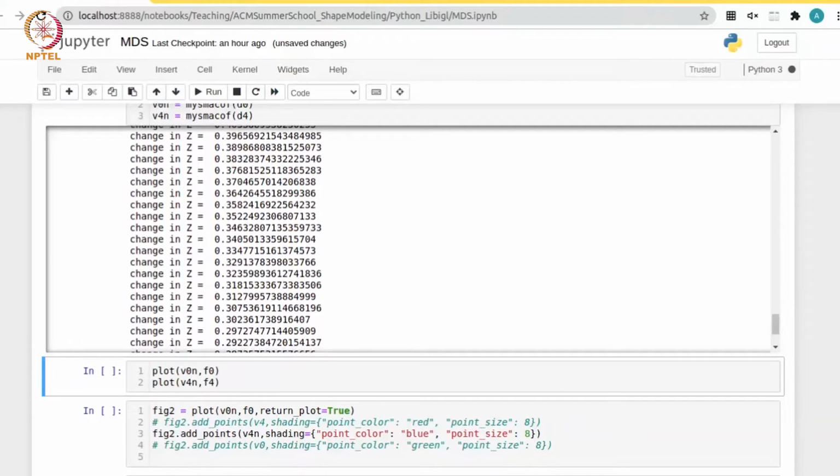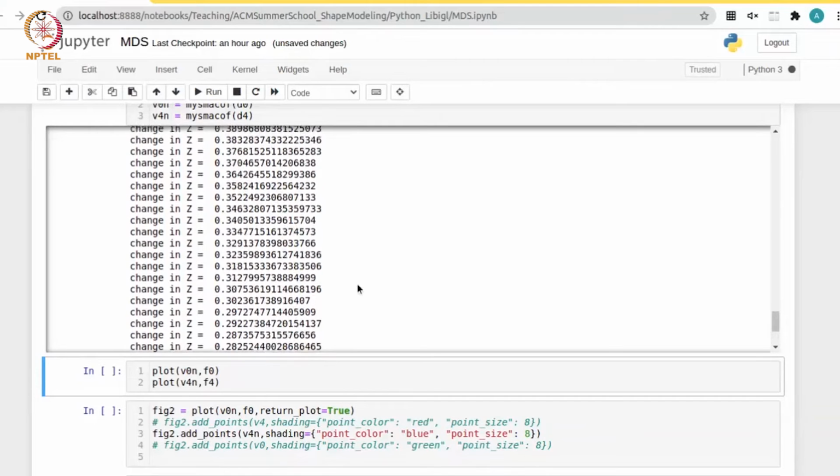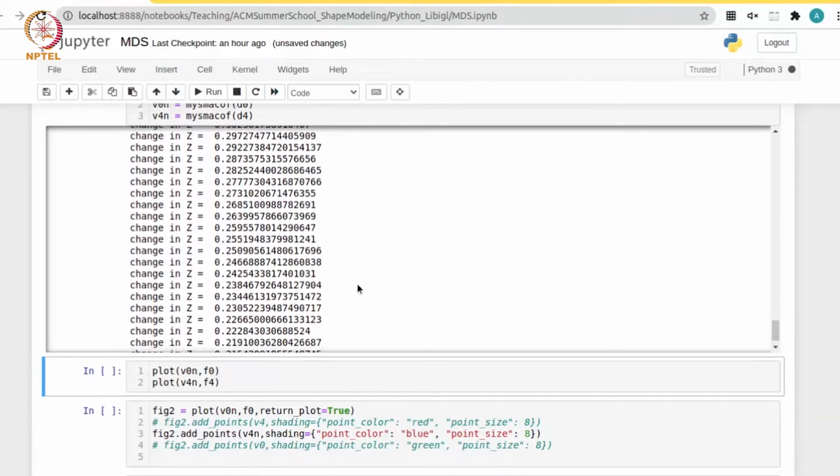In fact, you can start working on the assignment rather than just staring at these numbers. Once it is done, I take it.